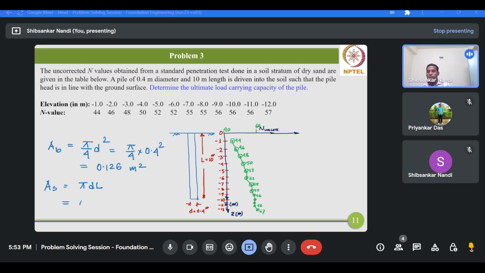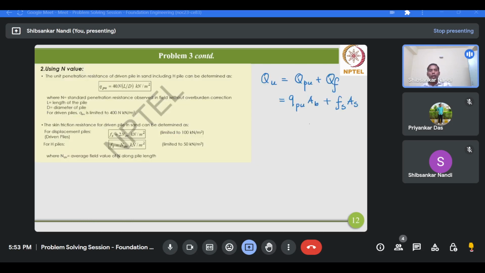For surface area, it will be pi times 0.4 times the length of the pile, which is 10 meters. Therefore, it will be 12.57 meter square. So AB and AS we can directly calculate, and we have already done that part.